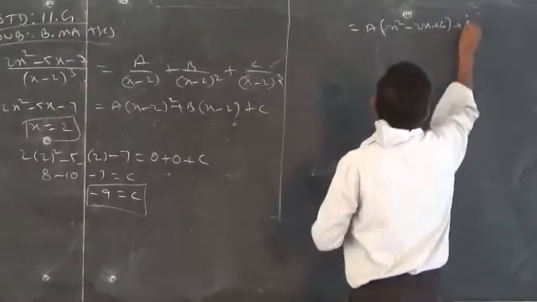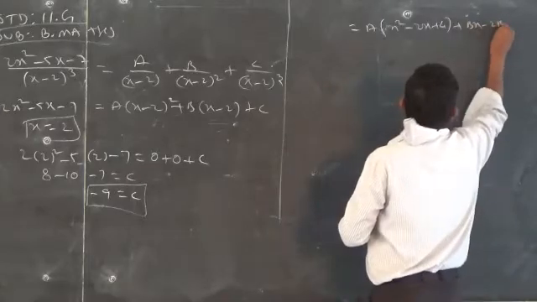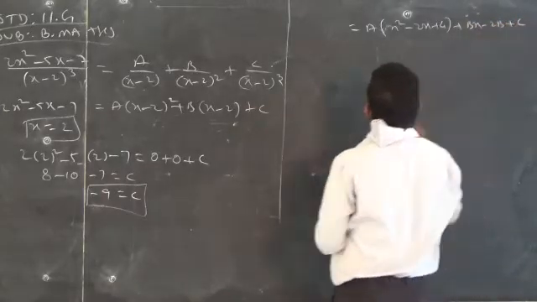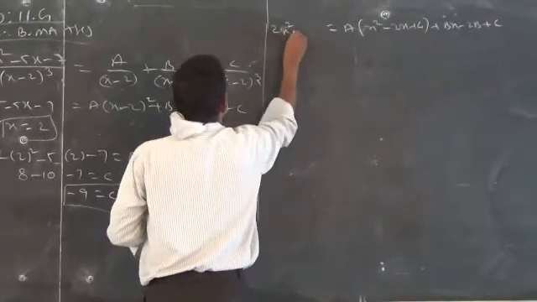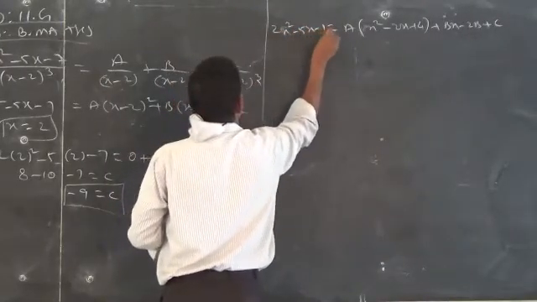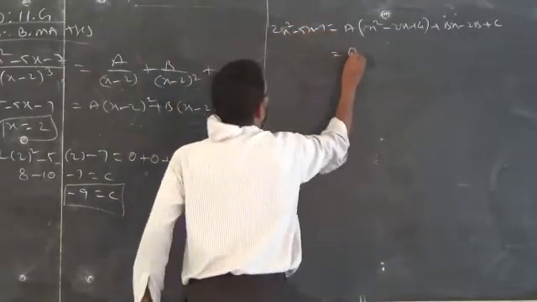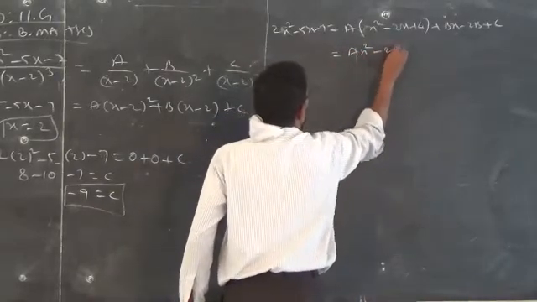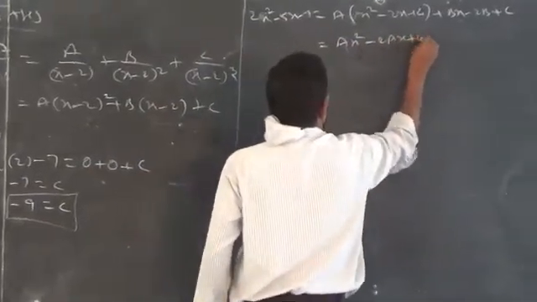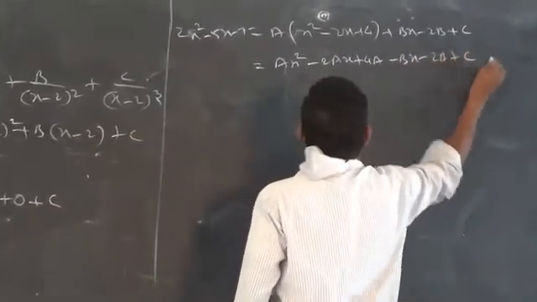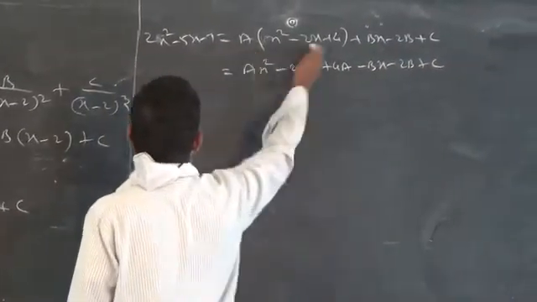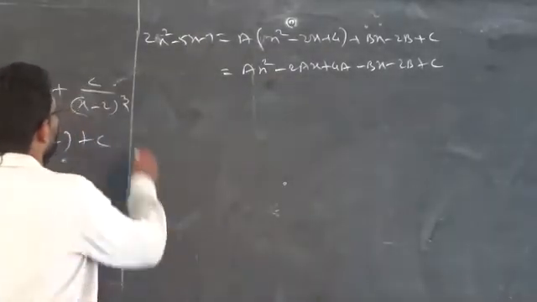Then you take b inside: bx minus 2b plus c. Here we have 2x square minus 5x minus 7. Here we go: ax square minus 2ax plus 4a minus bx minus 2b plus c. Just take a inside the bracket.